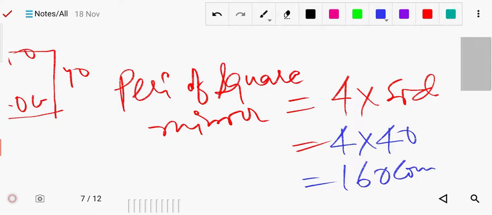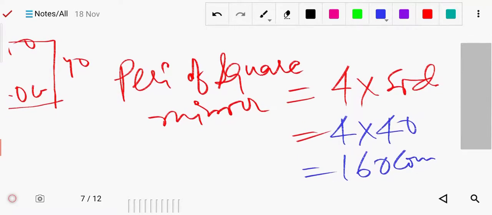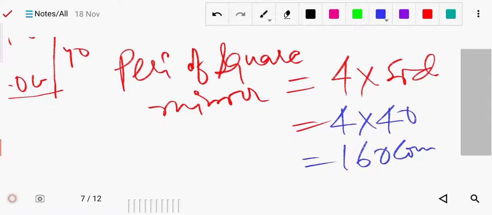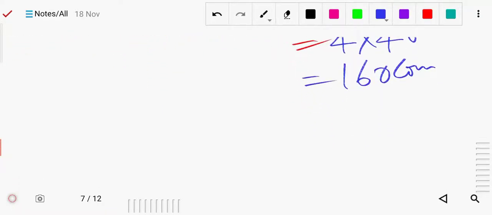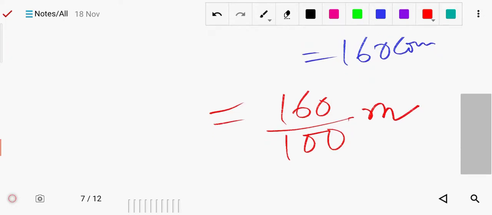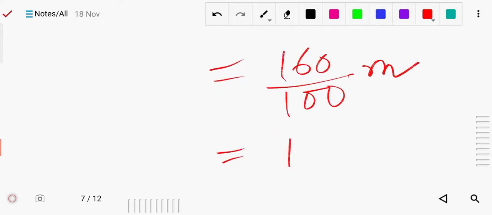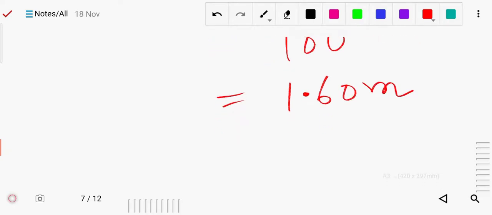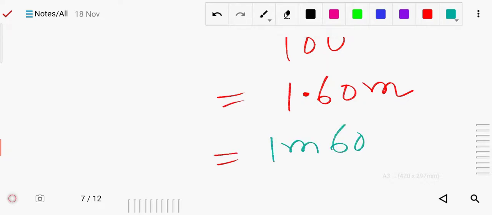This 160 is in centimeter, and you have to find the answer in meter and centimeter. So you have to divide by 100, because it will be converted into meter and centimeter. So you can write 1.60 meter, or this 1 is your 1 meter, and 60 is the centimeter.